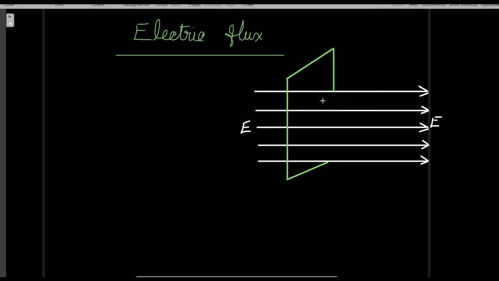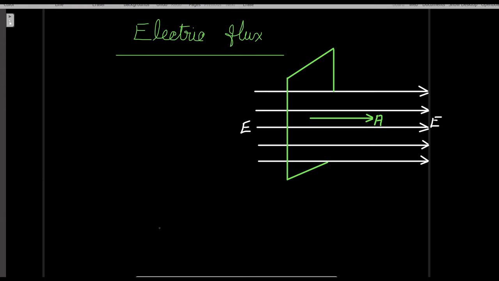Let us imagine this area is normal to the electric field lines, which means the area vector is parallel to the electric field lines. I just represent the area vector with the symbol A. Area vector A is normal to the surface, which is parallel to the electric field represented with these field lines.